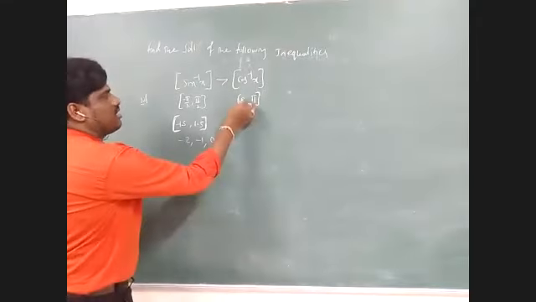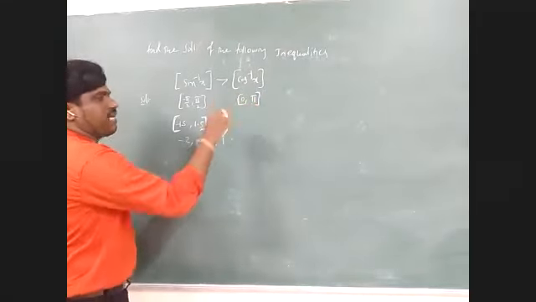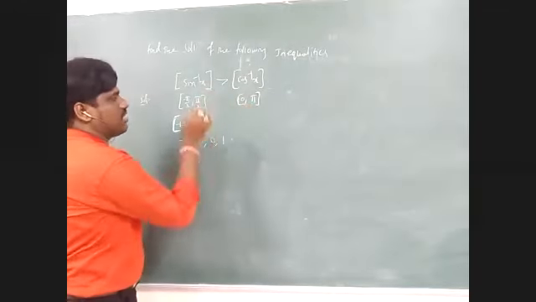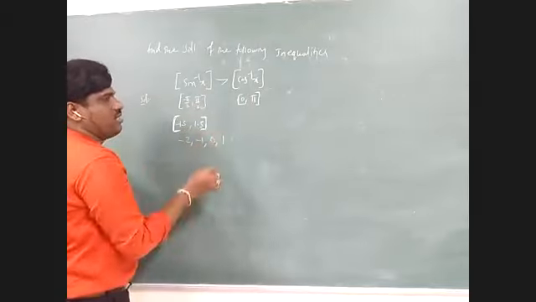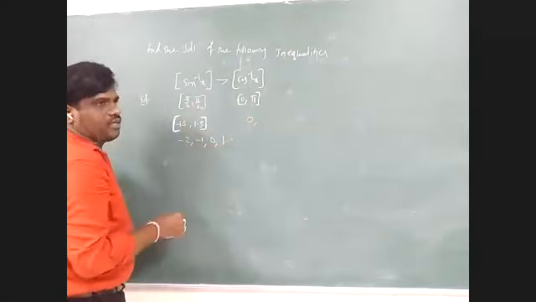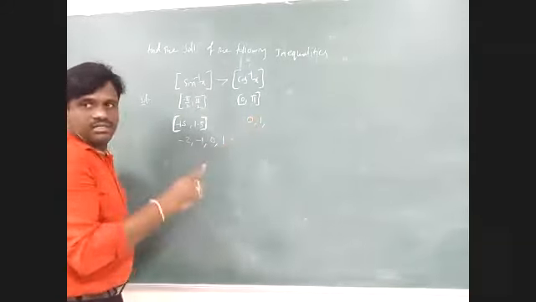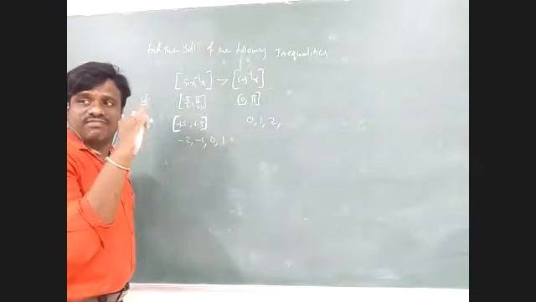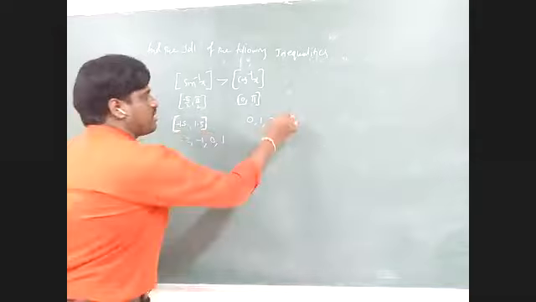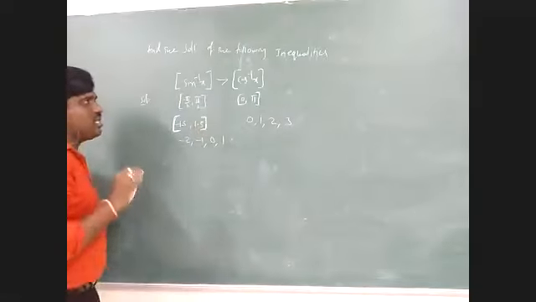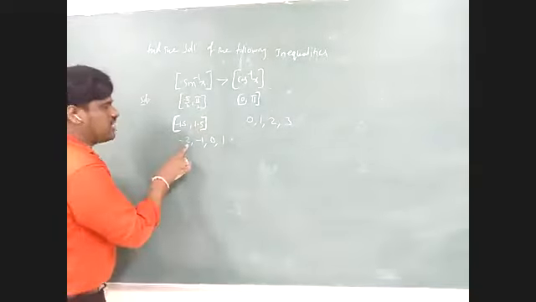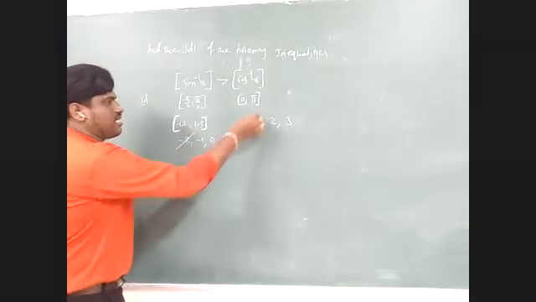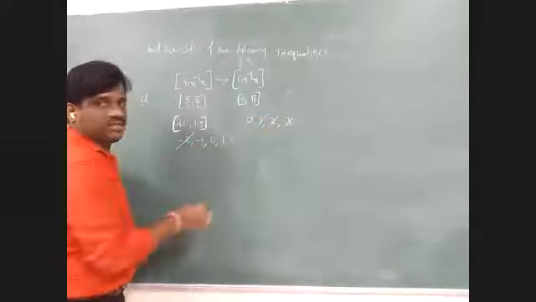Now here, this is 0 to pi. Pi means 3.14. Can you tell me the greatest integer of this? 0 will be there, 1, 2 will be there, and the greatest integer of 3.14 is 3. Now you have to check which makes it greater than this.